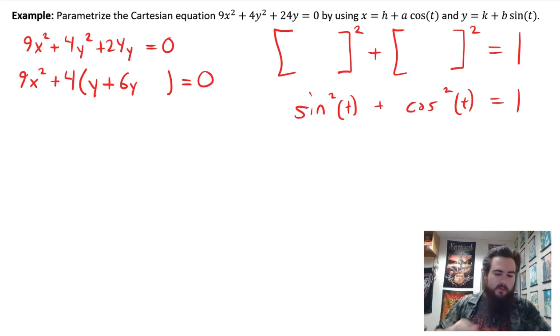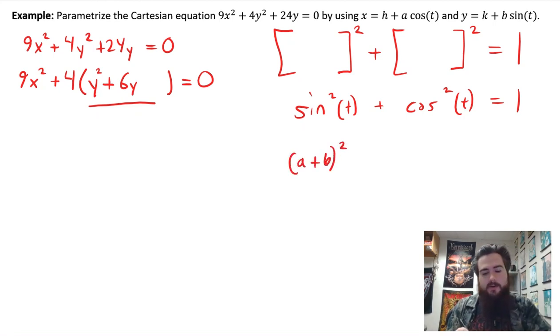The reason that I left this space is because this expression looks like the first two terms that would come out of a binomial taken to a second power. For example, a plus b taken to a second power is a squared plus 2ab plus b squared.